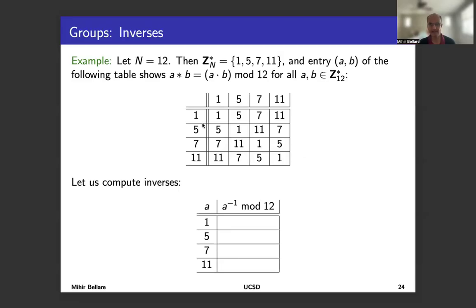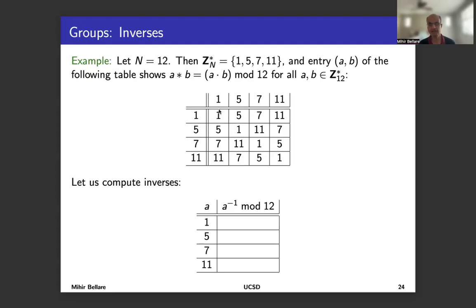Now we said that every A has an inverse. So in other words, for all of these things, I should be able to find an inverse, which I write as A inverse mod 12. Its definition is the thing which, when multiplied by A, gives me a 1 mod 12. So how would I find that? Well, here is the result of multiplying A equals 1 by everything in the group. So what I'm looking for is the thing that results in a 1 output here.